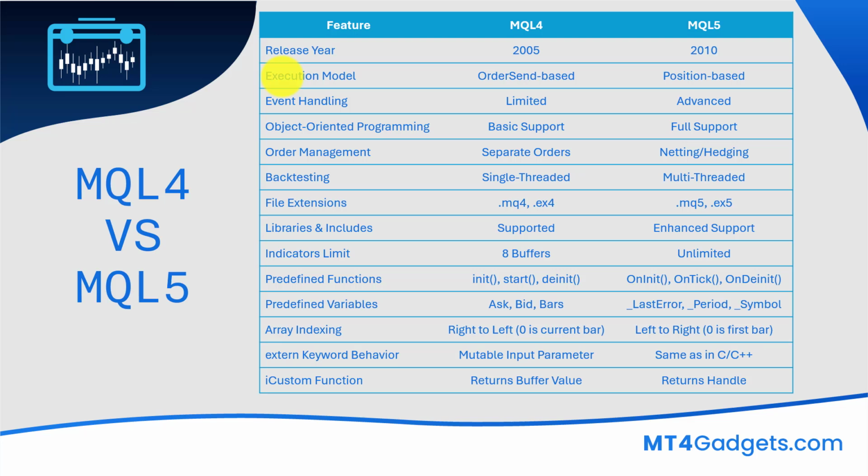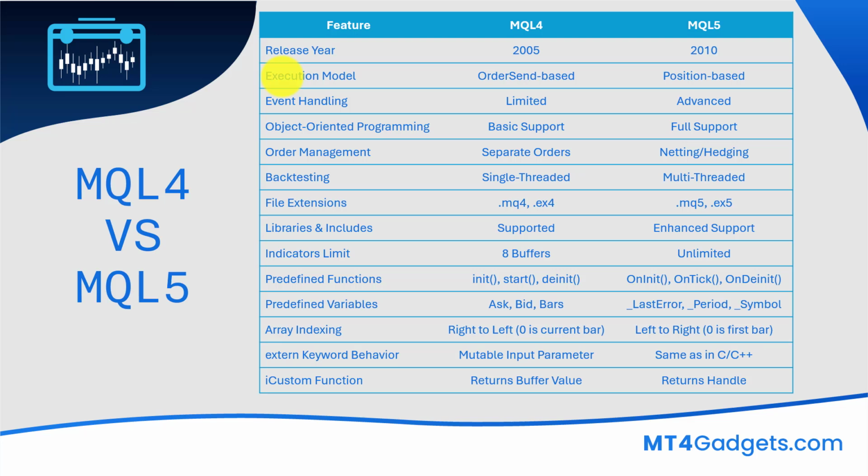Looking at predefined functions, MQL4 is using the init, start, and deinit predefined functions, while MQL5, also related to how it's event handling oriented, has the predefined functions OnInit, OnTick, and OnDeinit.